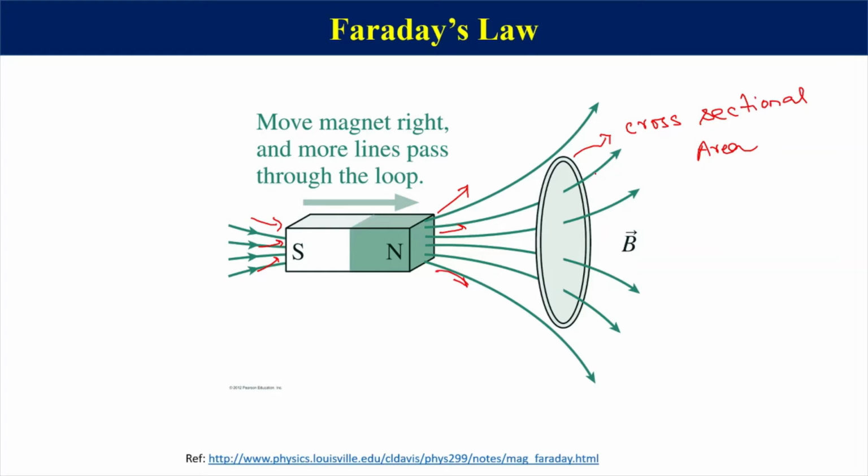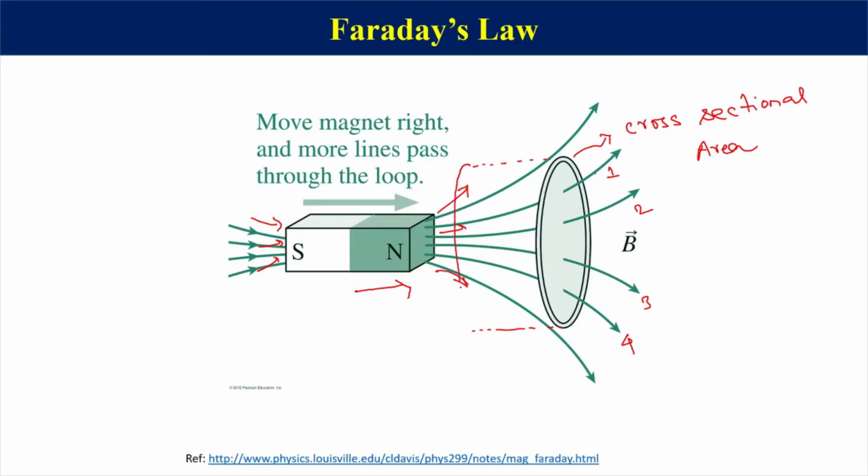Suppose you have only 1, 2, 3, 4 magnetic field lines crossing this. Now what happens whenever you bring this magnet closer to this coil? Or let us say that the coil is being brought closer to the magnet. Let us draw this coil somewhere near the magnet. What will we observe?